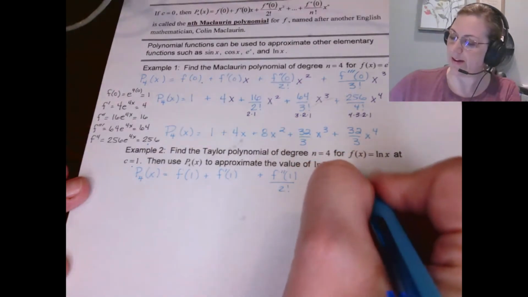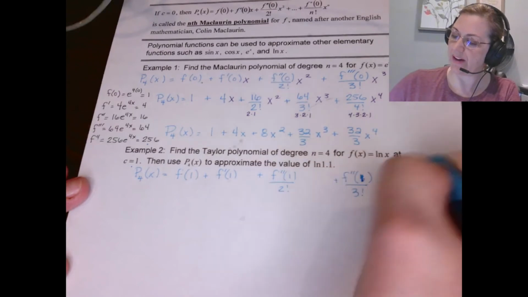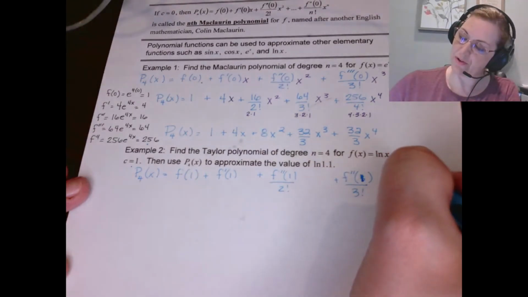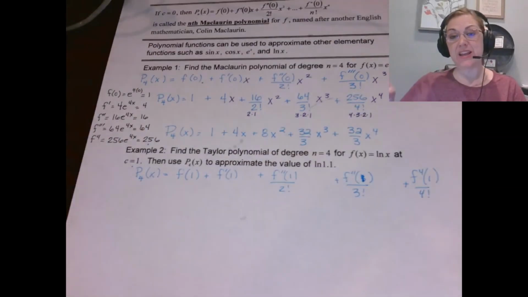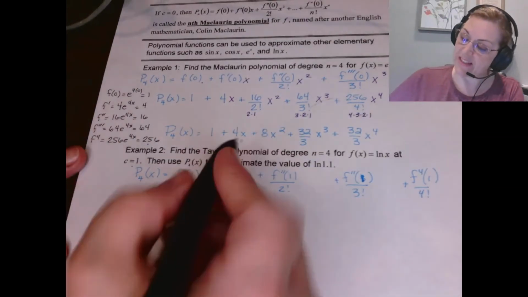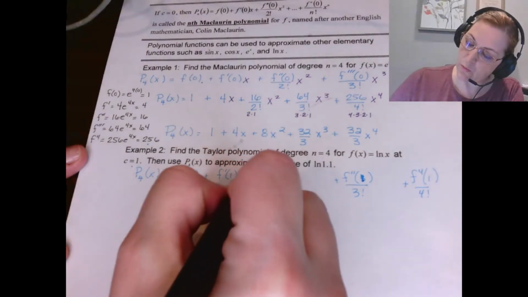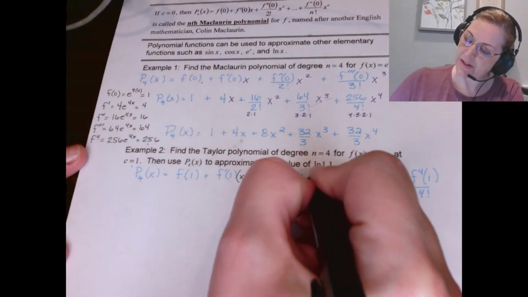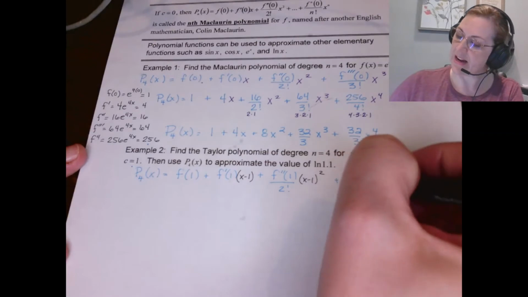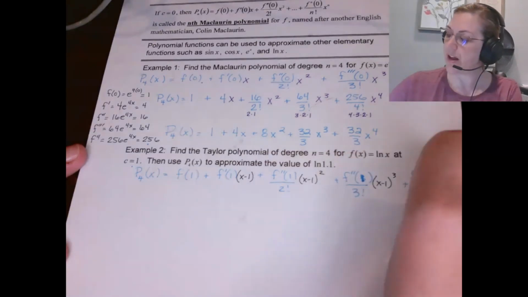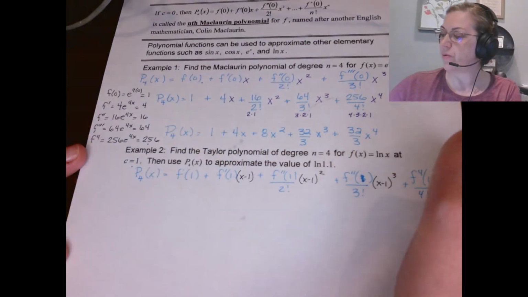Oops, 1, sorry about that. I was thinking 3 factorial plus 4th derivative at 1 over 4 factorial. But now when we put in the x's, we have to center. So we have x minus 1 and x minus 1 to the 2nd. And x minus 1 to the 3rd, and x minus 1 to the 4th.